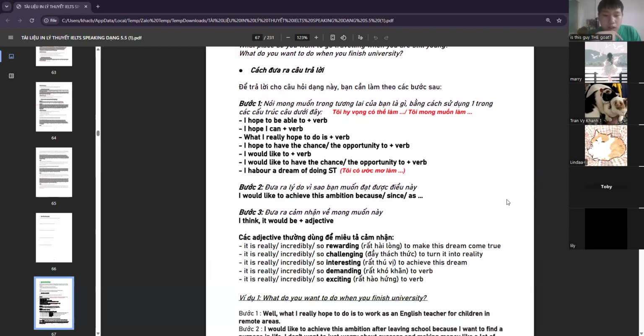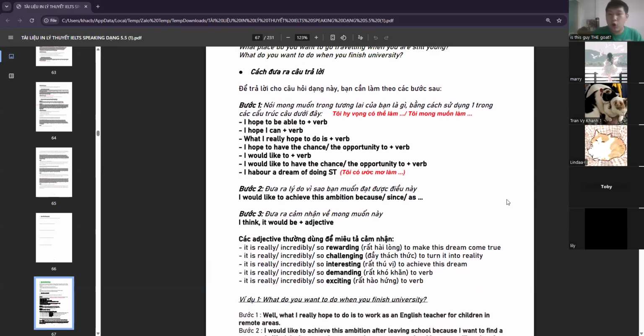So the first way is you need to say I hope, I would like to, etc. Usually you would use some of these terms. Now you would say, I would like to achieve this ambition because of something, and then you need to give yourself a feeling. This is a tiny bit more complex compared to the others.